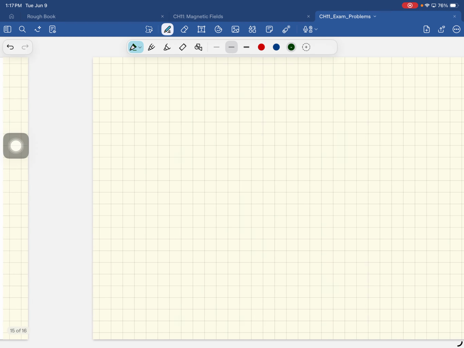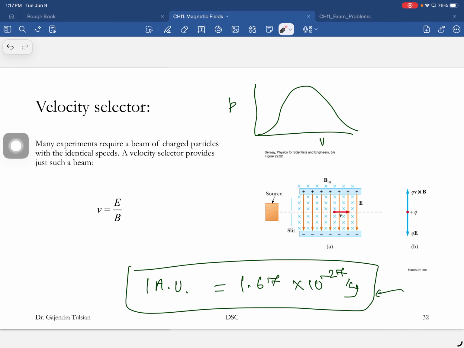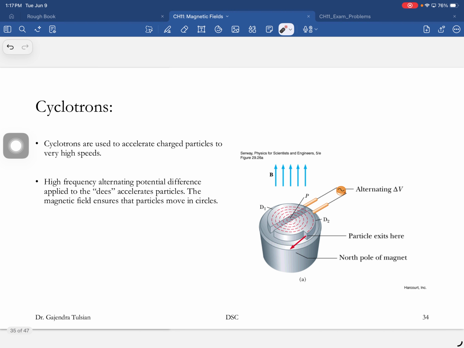Rotational period. So 2 pi f is QB over M, and the frequency is related to the period like that. So that's the time it takes the proton to make one circle.